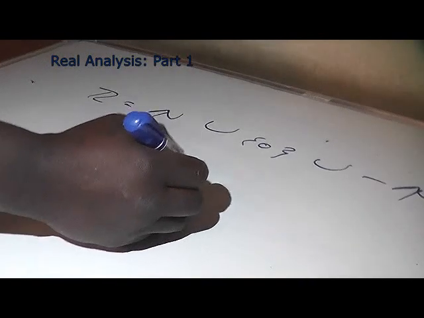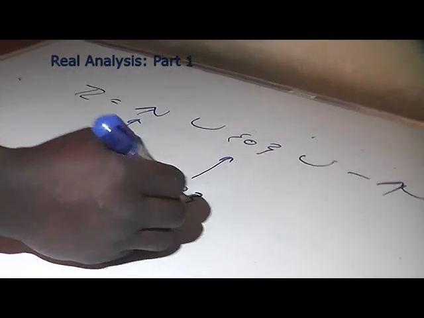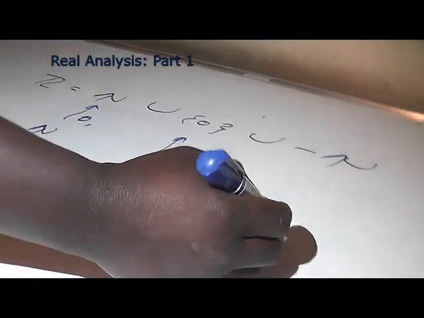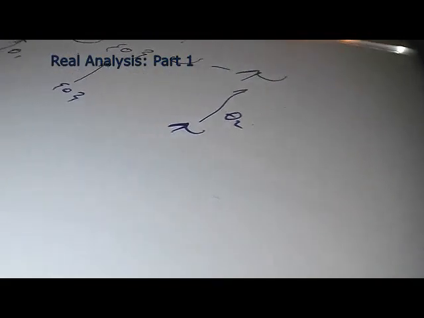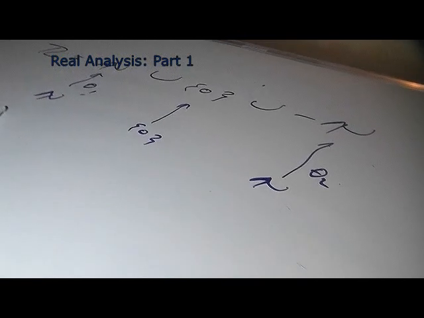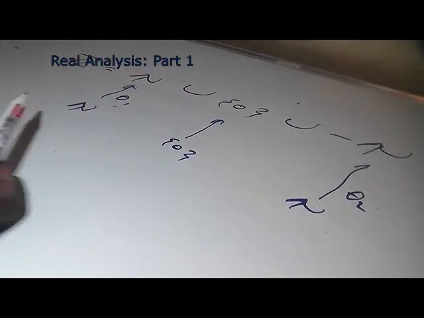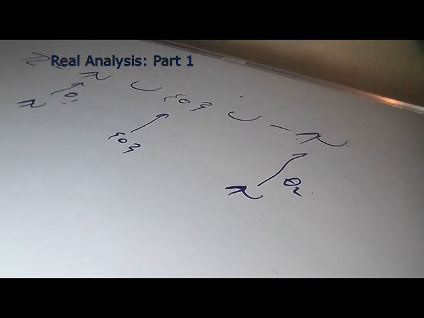Now, if we define a map to this by theta 1, of course, 0 will be mapped to 0. And if we define another map, theta 2, we'll check that this theta is 1 to 1 and onto, this is 1 to 1 and onto, and this is 1 to 1 and onto.